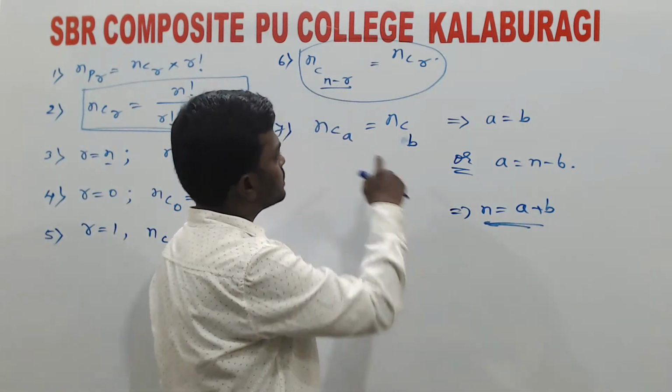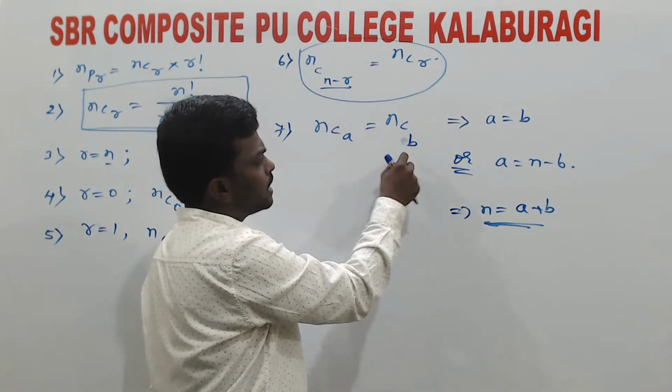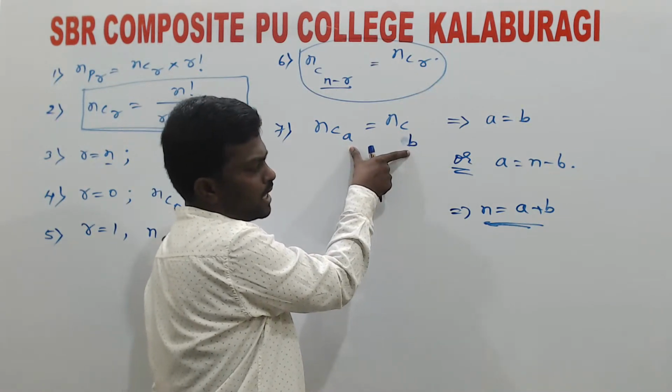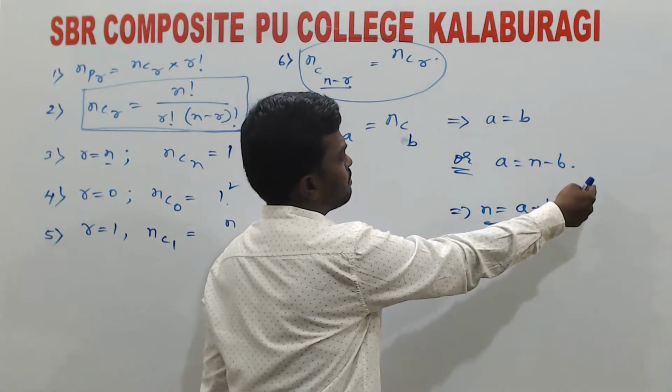So in two cases nCa can be equal to nCb: when a is equal to b, or when a is nothing but n minus b.